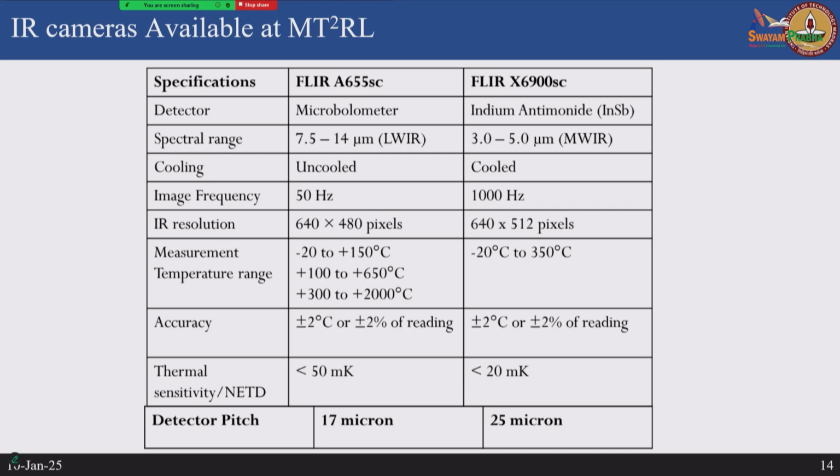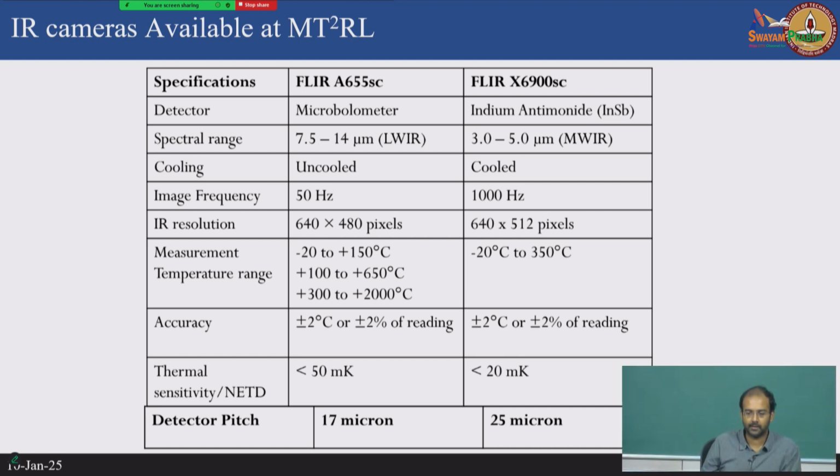So these are some of the camera specifications that we have in our lab. Our lab is called the Multiscale Thermal Transport Research Lab, which is MT2RL. We have both the long wave infrared camera, which is the A655SC, and the high speed camera, which is the X6901SC, a cooled camera.